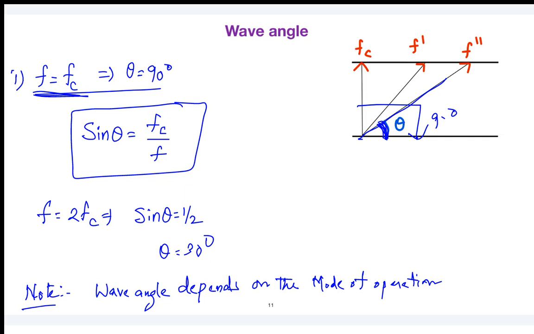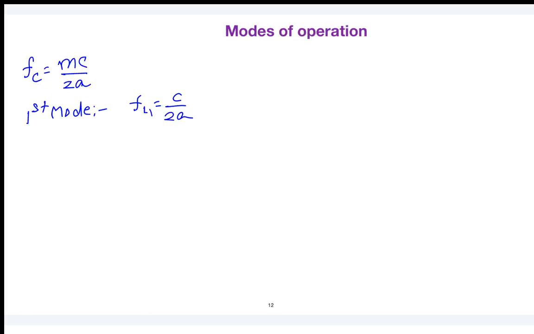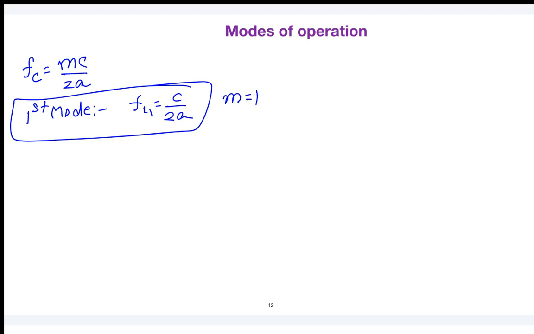Okay, the group of frequencies I was calling, you can see here. Suppose when I say the first mode, the cutoff frequency is c by 2a, because your m is equal to 1. So how the group of frequencies is classified: when the frequencies range from FC1 to 2FC1, you can call all these frequencies the first mode.